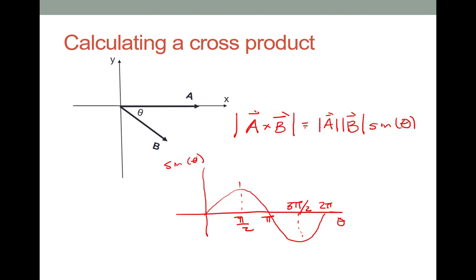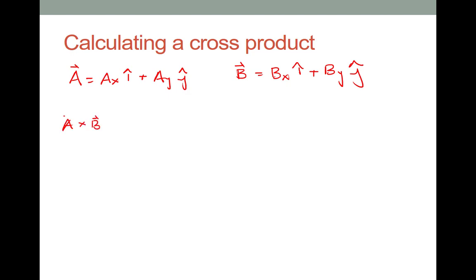So how do I calculate this in its full vector form? Okay. Let's consider 2 vectors. A vector A, which is ax i hat plus ay j hat, and a vector B, which is bx i hat plus by j hat. To calculate A cross B, I need to cross my 2 vectors with each other using the rules for unit vectors that we learned 2 slides ago.